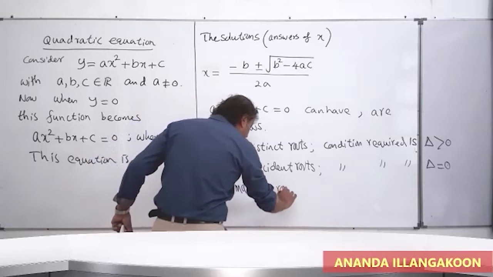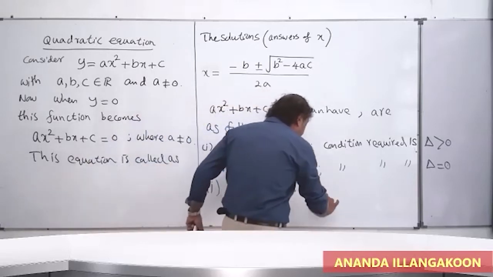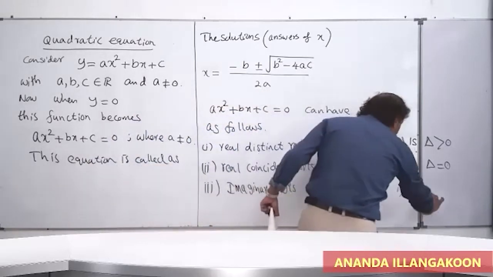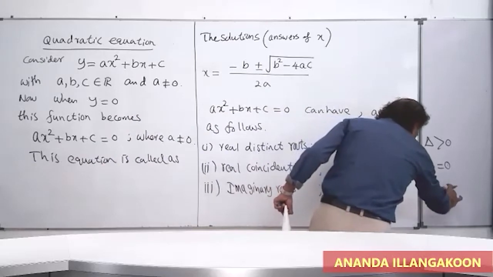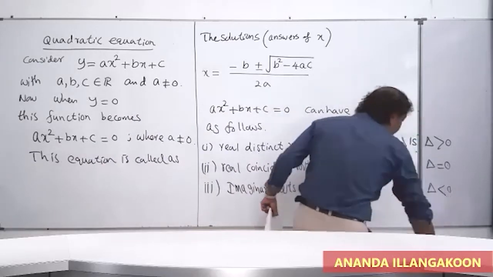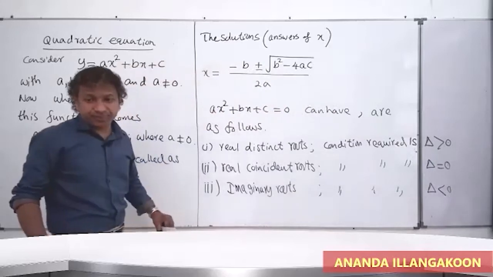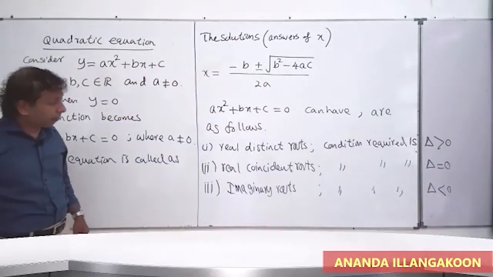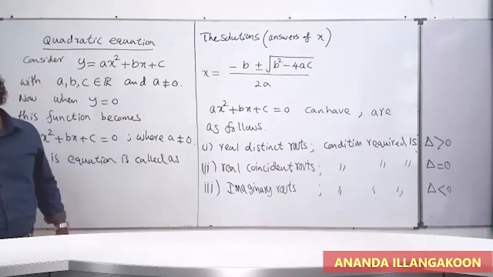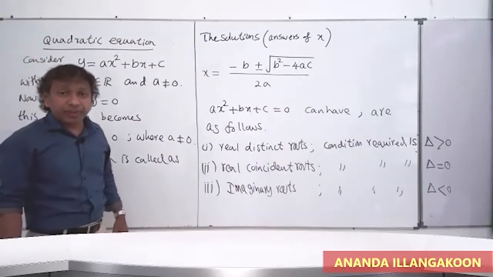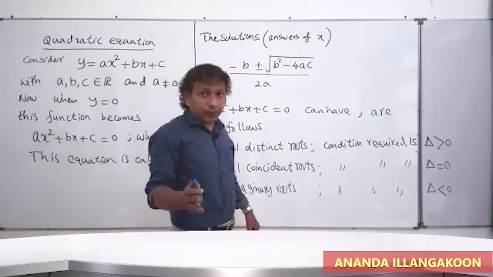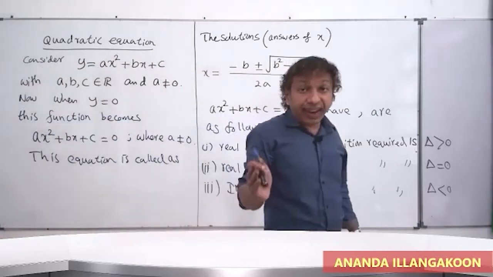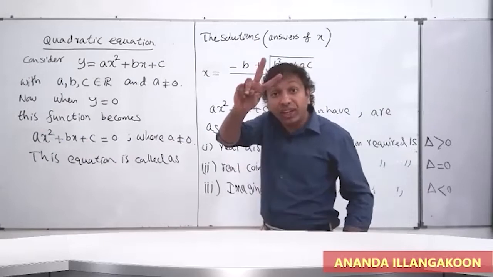Imaginary roots. The condition required is delta less than 0. Then here also the quadratic equation has real roots on 2 occasions.